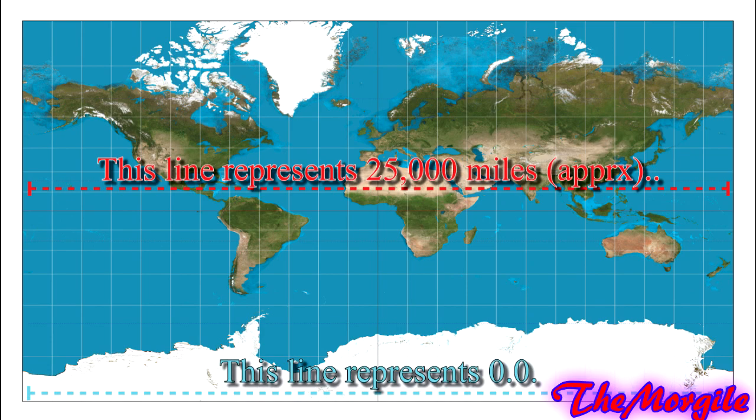The Mercator projection shows the equator as being representative of a 25,000 mile latitude line. However, on the Mercator projection, the, say, 90-degree north latitude, which is supposedly a single point on the top of the globe, is also represented as a line amounting to 25,000 miles.